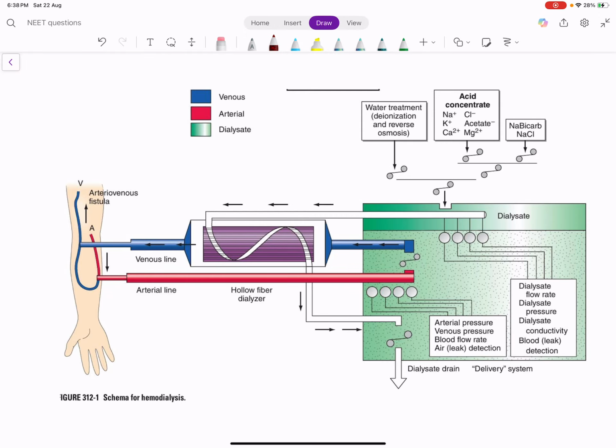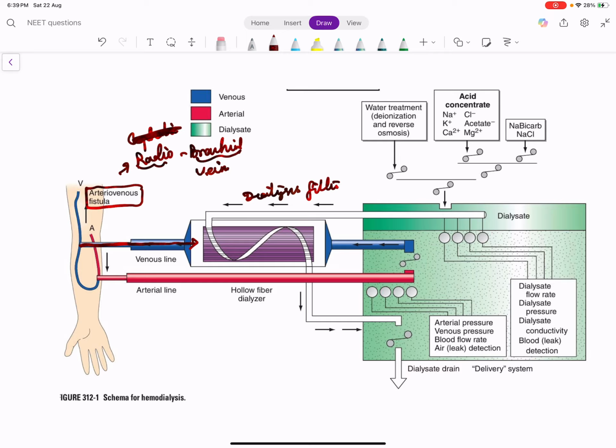This is hemodialysis. Something called an AV fistula is created, usually in the hands. So radiocephalic fistula, brachioradial fistula is commonly created between the radial artery and brachial vein. So following this fistula creation, from the venous side, blood is taken and it enters the dialysis membrane or dialysis filter.